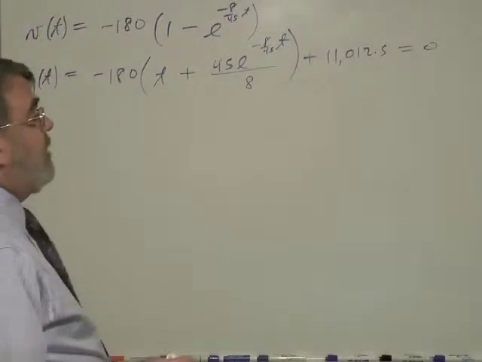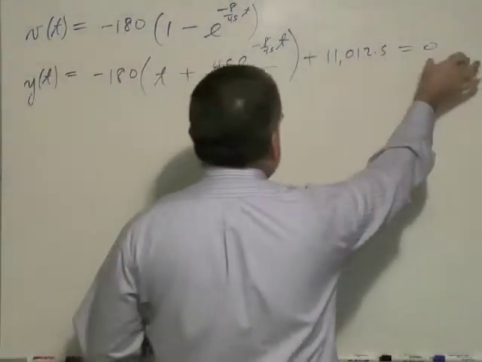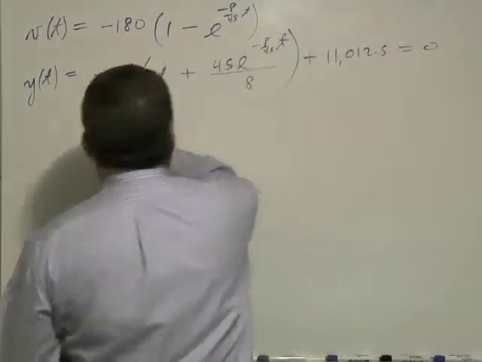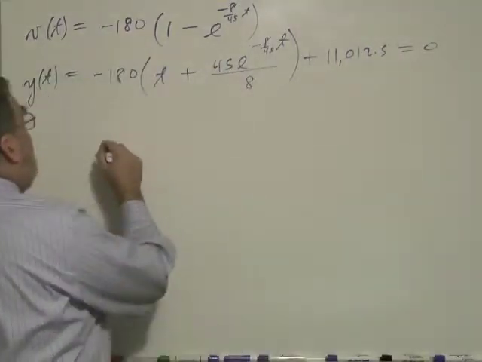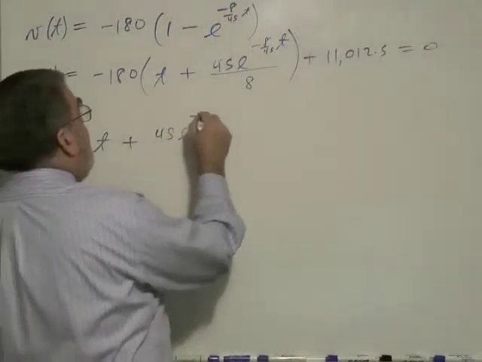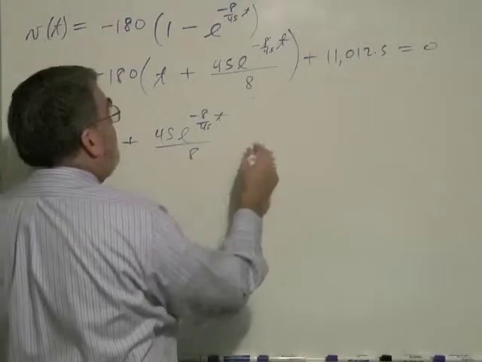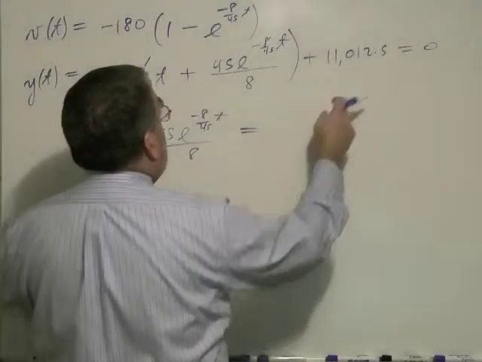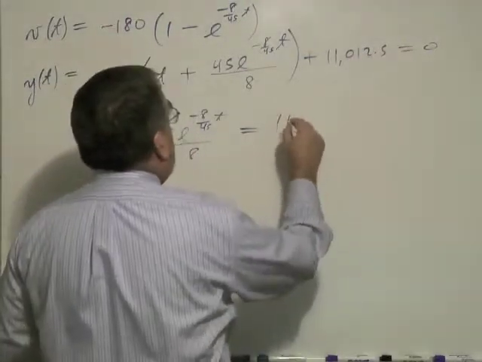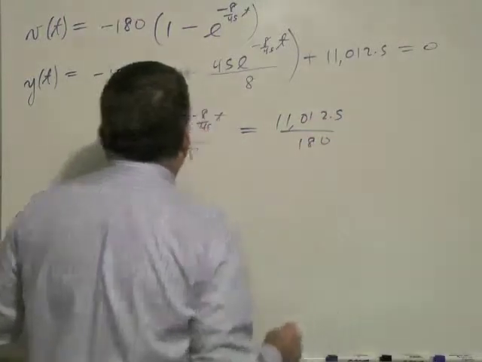So I'm going to set this equation equal to 0, bring this to the left side as a negative, and divide by negative 180. I end up with t plus 45e to the minus 8/45 t over 8 equals, and the two negatives will cancel, so I have 11,012.5 divided by 180.